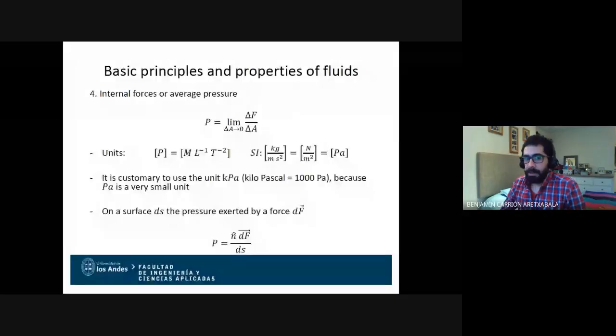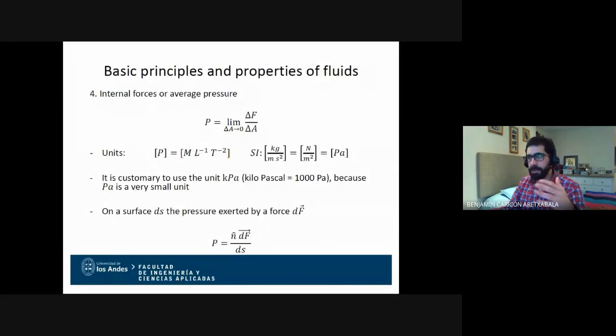Okay, let's move on to pressure. Like I said before, pressure and shear stresses are both stresses, and they both represent internal forces, right? And the pressure is the limit of a force over an area.